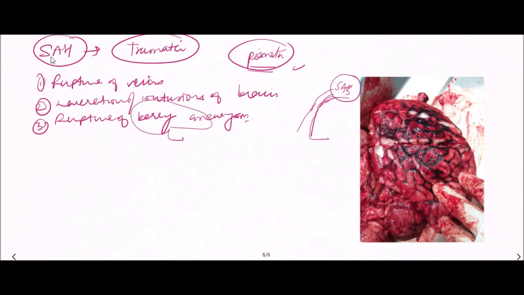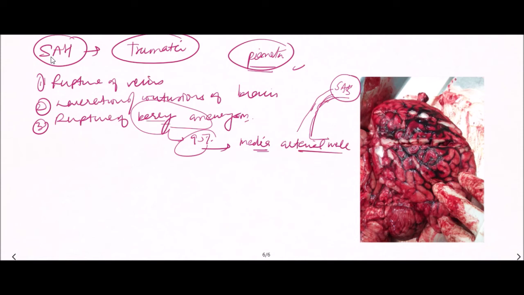In about 95% of cases, the aneurysm is of the Berry type. It is basically a defect in the media of vessels, a defect in the tunica media of the arterial wall, that leads to formation of the aneurysm.